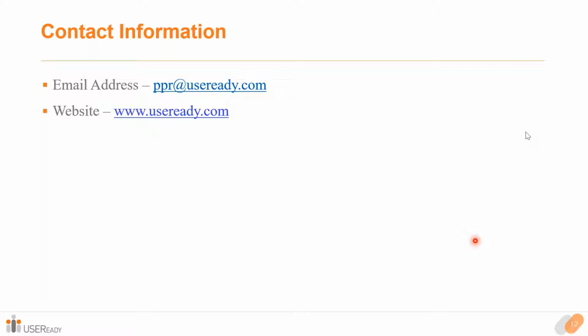Next question is, I have a current report in Cognos. Can PPR connect to it? This is a very interesting question. Yes, absolutely, and you have two options here. You can keep the report in Cognos as long as we are able to kick it off using the JavaScript API, and we are able to enable PPR.